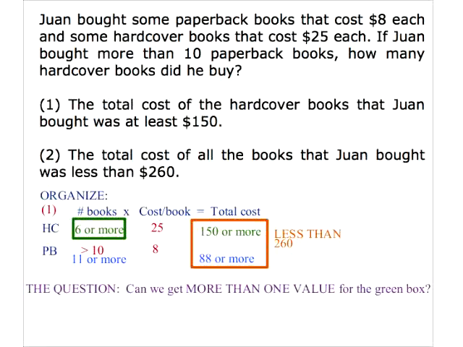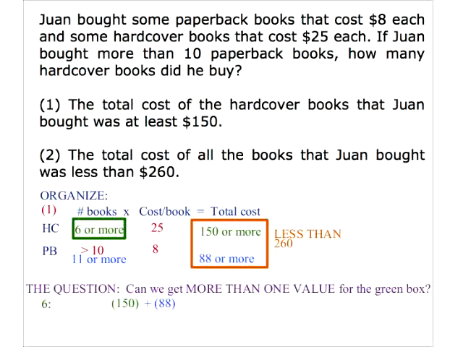Well, let's go ahead and take a look. If it's 6, then we would have 6 or more hardcover books. So that means it's a total cost of $150 or more. And then the paperbacks definitely have to cost $88 or more. So the minimum is $150 plus $88.